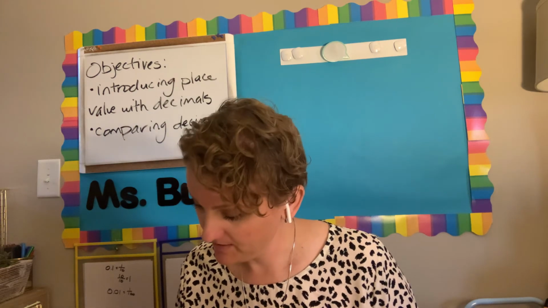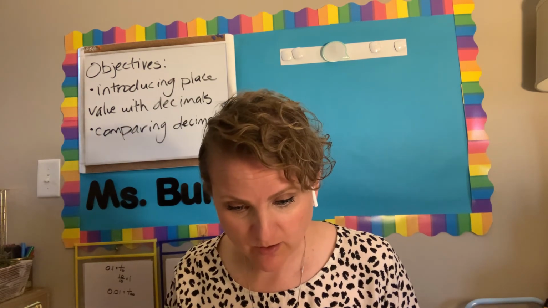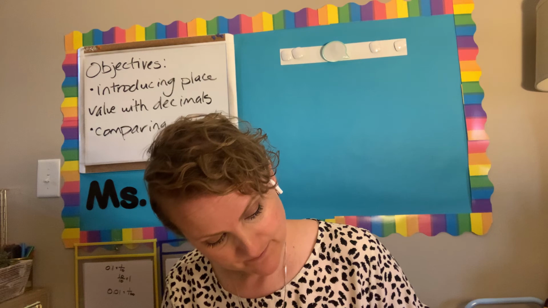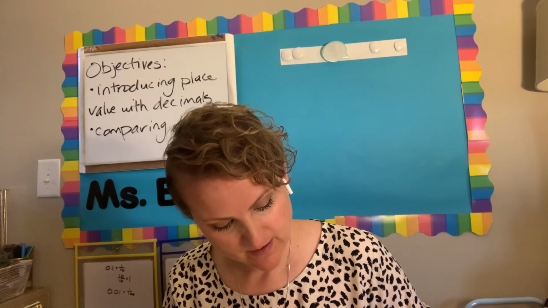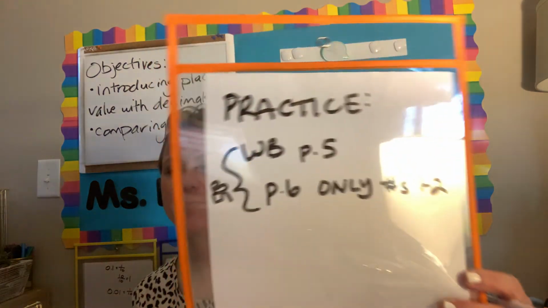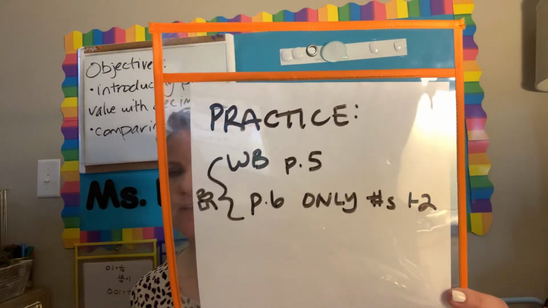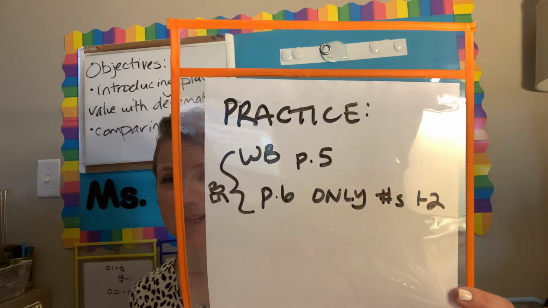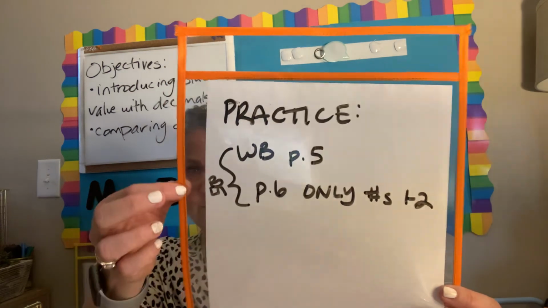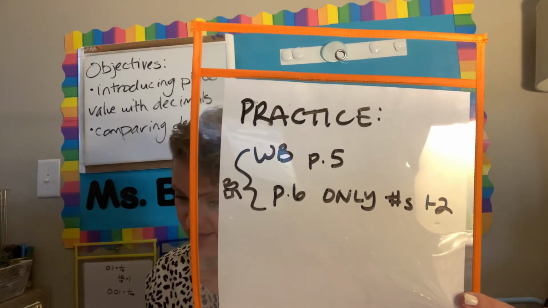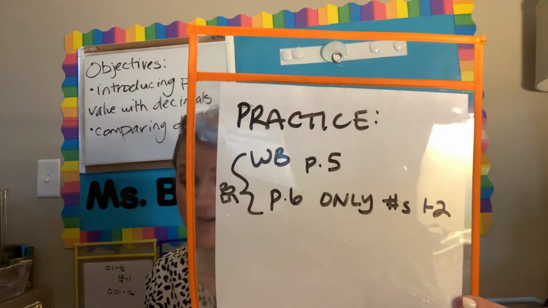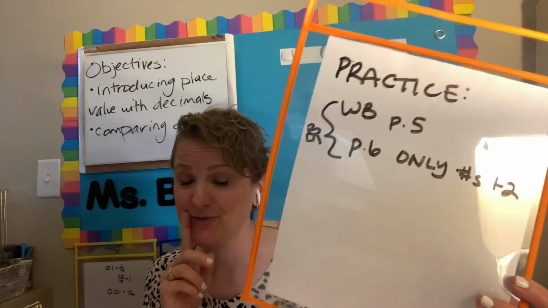That's exciting to see. And then also on to page 6. But on page 6, only numbers 1 through 2. So all of workbook page 5 for your practice. Page 6, only 1 and 2. And this is your 5B workbook. So maybe you want to circle those problems on page 6 to make sure you're really clear. Okay. I wouldn't cross out 3 because that's something we'll come back to later.